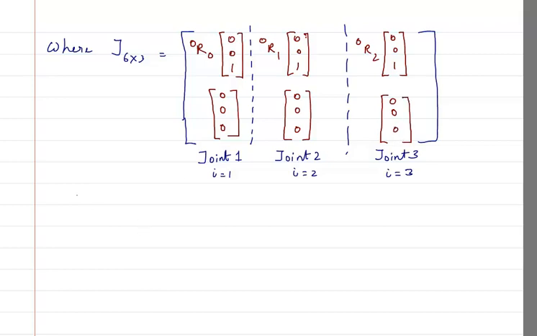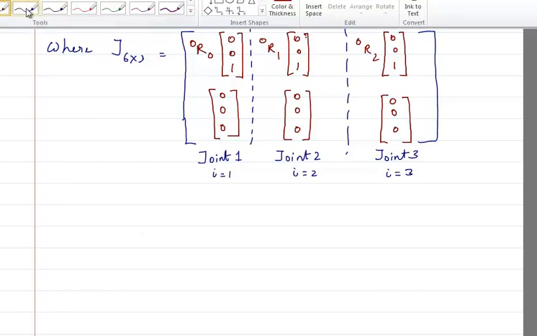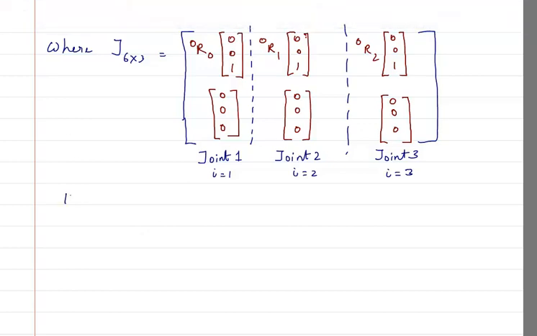So just because I'm doing it for the first time, I will write here: 0 R0 is the rotation matrix of the transformation matrix 0 T0.